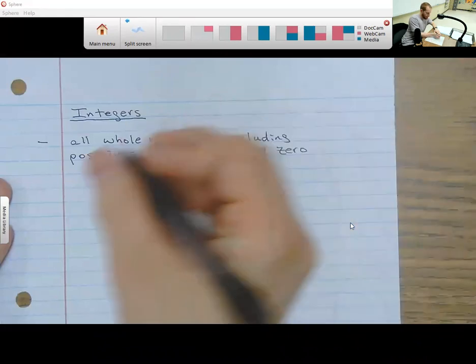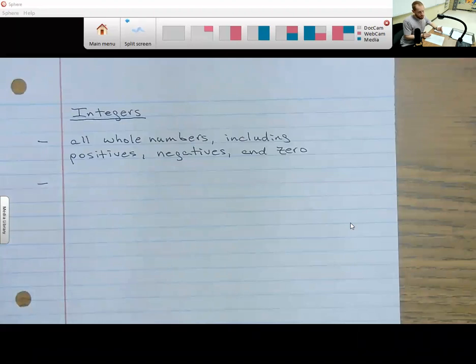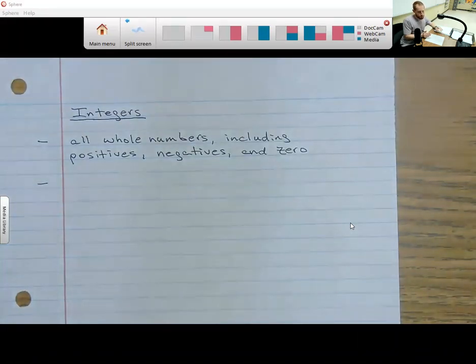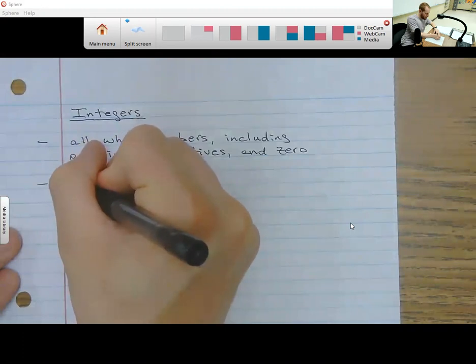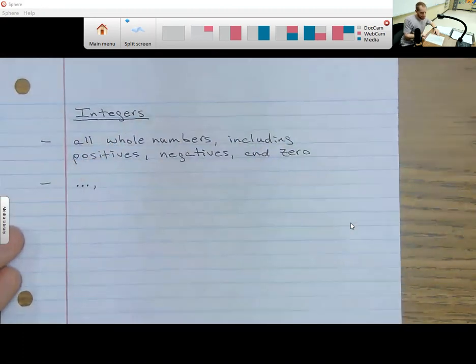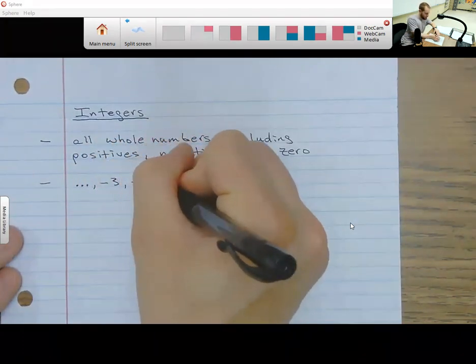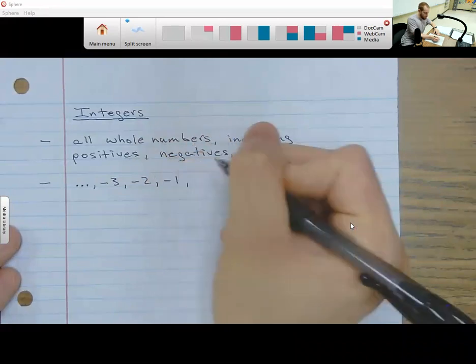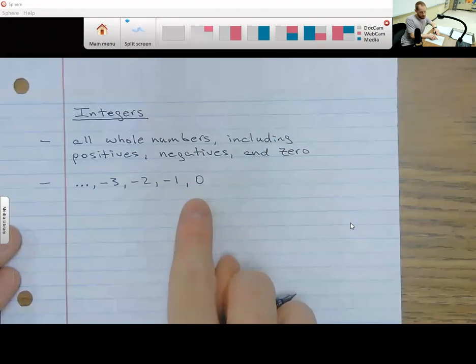So what does this look like? Well, usually the way we write the integers is we're going to go in two directions. We can go in the negative direction and we can go in the positive direction, right? So starting from the left, we're going to have 3 dots and then a comma and then -3, -2, -1, and then 0. Okay. 0 is neither positive nor negative.